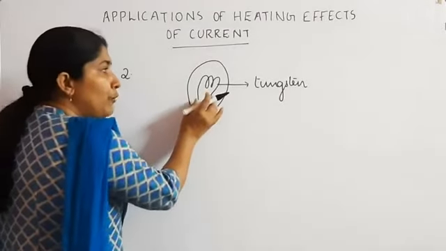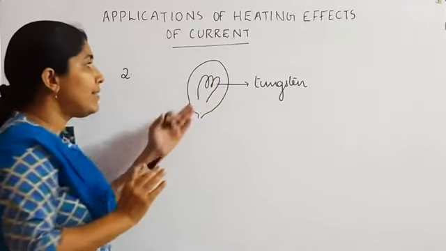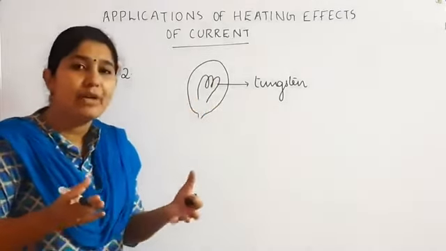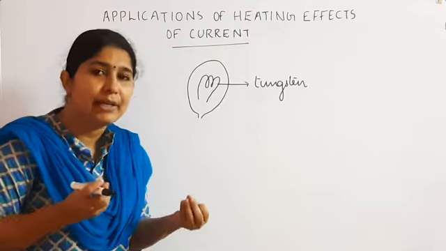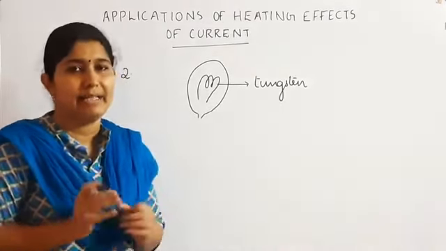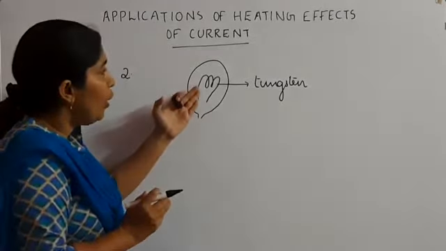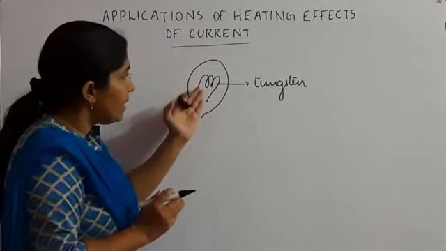What about the property of this tungsten wire? When electric current is passed through this tungsten wire, it becomes red hot, remains in its red hot condition for a long time and emits light energy. This is the first property of tungsten.